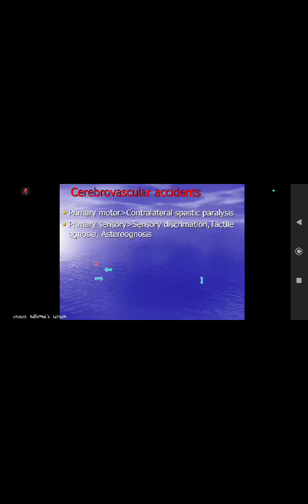Primary sensory areas. This involves sensory discrimination, tactile discrimination, agnosia, astereognosis, that's being able to determine things in 3 dimensions. If you remember, we talked about the spinothalamic tract, for example, going to the brain. We talked about the lemniscal system, and the lemniscal system, if you remember, there was a crossing over.